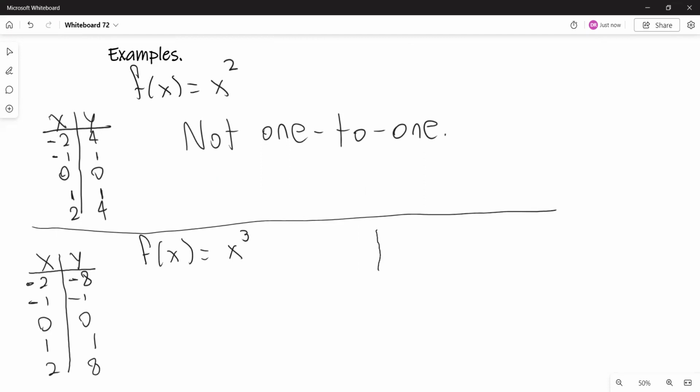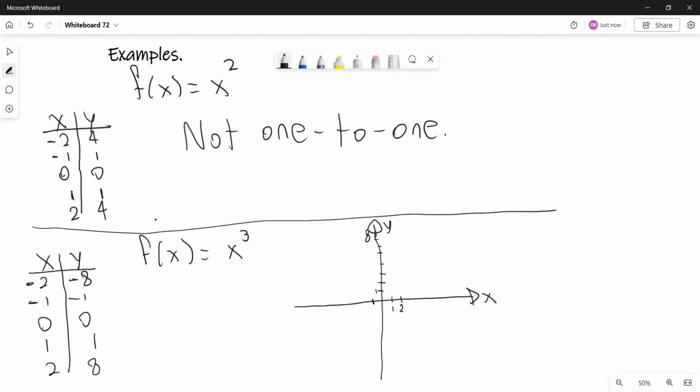So graphically, you have something called the horizontal line test. That is very similar to the vertical line test. Okay, so I'm drawing this graph again, going by 2 by 2.